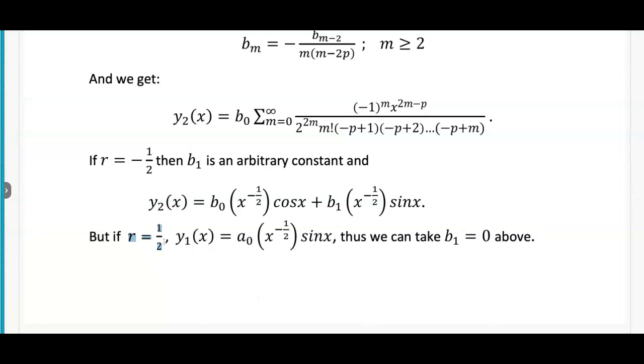So if r equals positive half, y1 will be, we'll use different notation, a naught x raised by negative half sine x. So we can take b1 equals 0, right? So in this case, we have this.